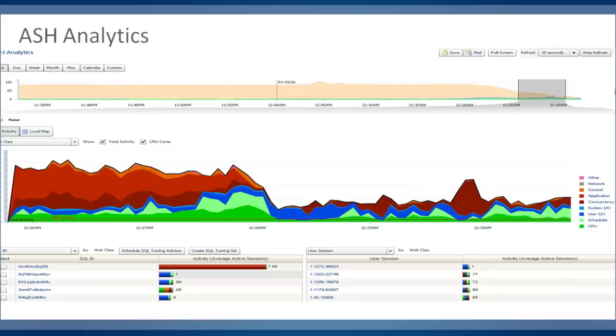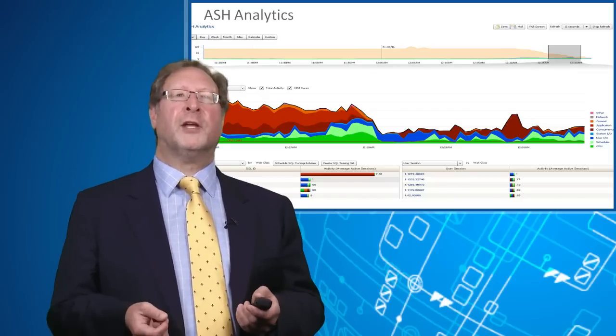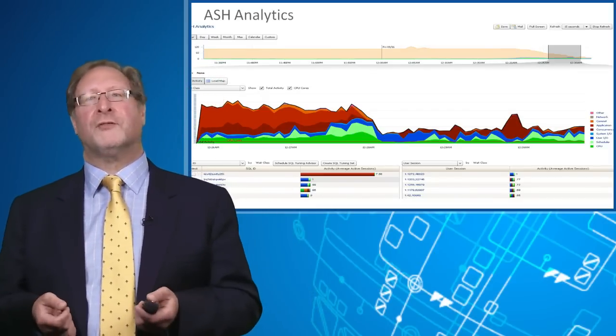ASH Analytics, which is new with EM12c, allows us to do the same operations that we could do with the top activity screen in Enterprise Manager, but we can now do rather more in terms of detailed analysis. The key thing for me is that we can actually finally change the size of the slider.